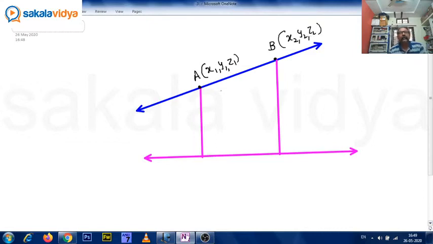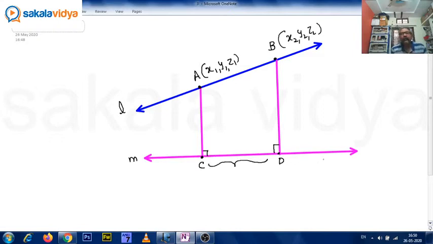So AB is a line joining the points x1, y1, z1 and x2, y2, z2. Then we need to find out, for example, suppose another line. This is L line, this is M line. Projection of line L on M we need to find out. Say for example, this is C point, this is D point, these are perpendiculars. So projection means the length of CD you need to find out.